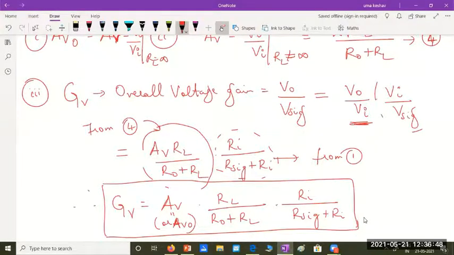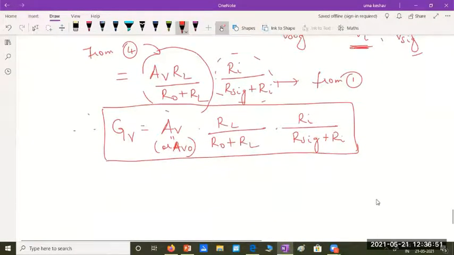So looking at this, can you tell me whether this overall voltage gain will be more than open circuit voltage gain or less? Look at these ratios or the equations and tell me. This is the open circuit voltage gain. It is multiplied with two ratios.